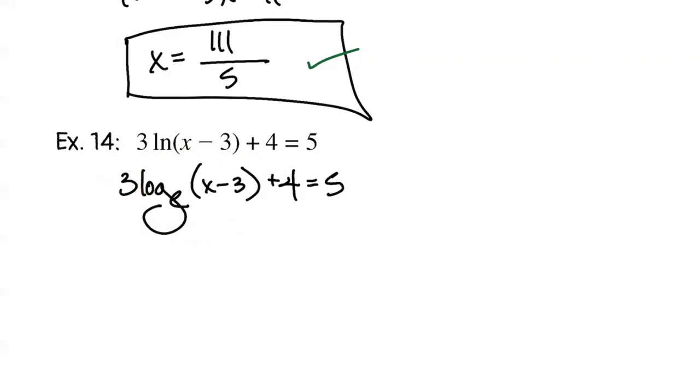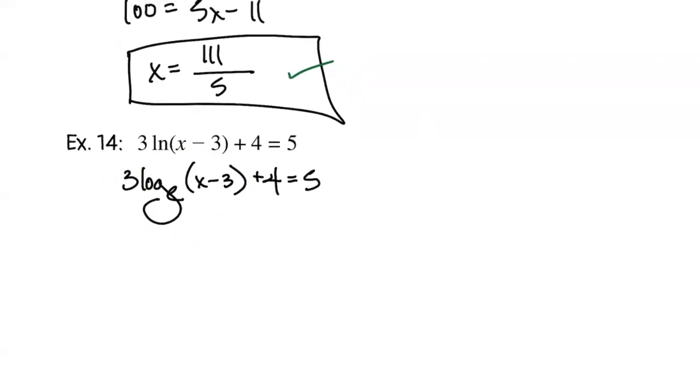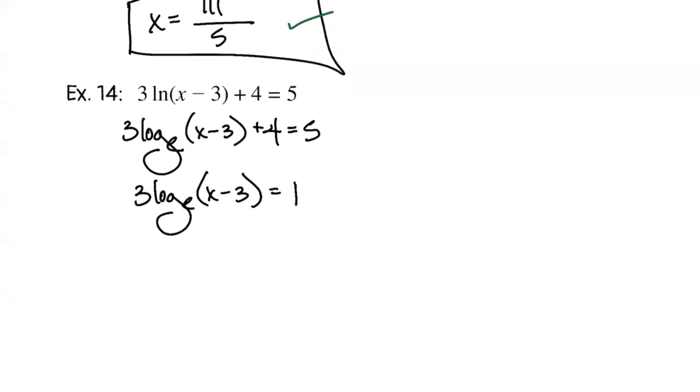So let's see what that gets us. We get 3 log base e of x minus 3 equals 5 minus 4, which is 1. And then divide by 3, so log base e of x minus 3 is 1/3.